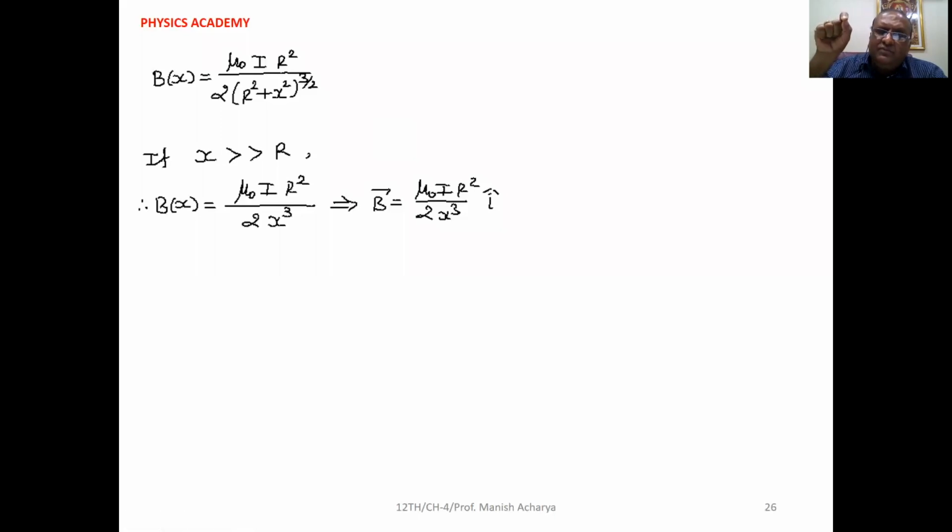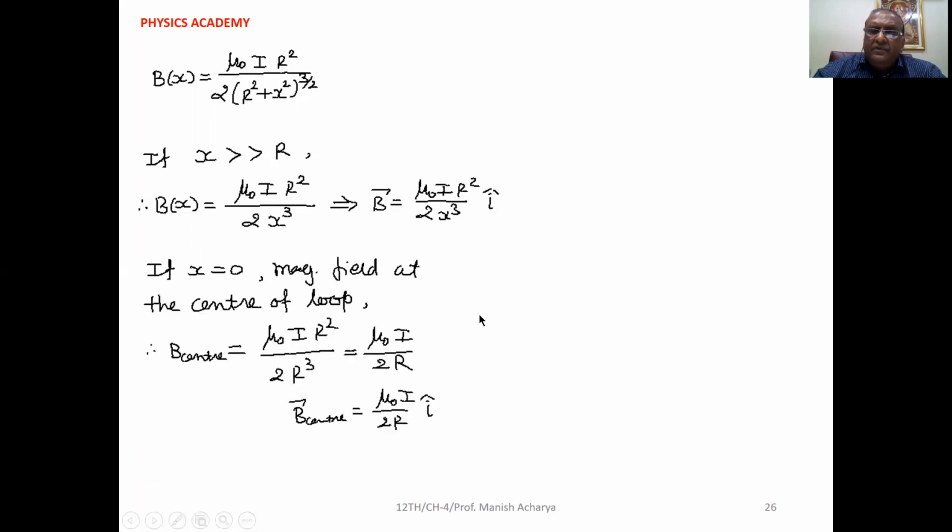Means the point on the axis is at a large distance compared to the radius of the ring. Then we can neglect this r square in the denominator. So our equation turns to mu 0 I r square upon 2, and x square raised to 3 by 2 gives x cube. In vector form, you can write it by multiplying with the unit vector in the direction of the axis.